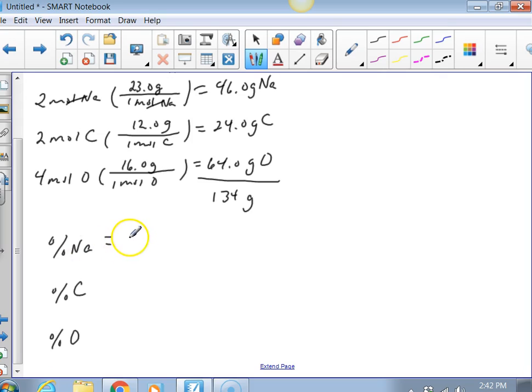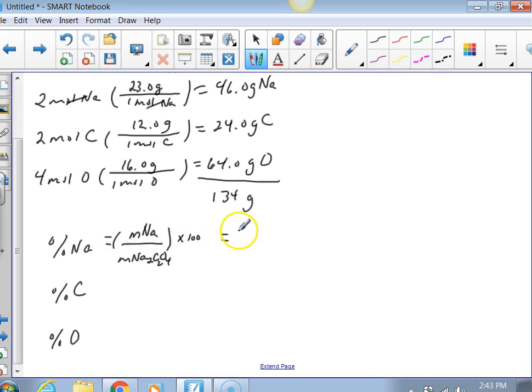To get the percentage, we're going to take the mass of the part we're interested in, which would be the mass of sodium, divided by the mass of the whole compound, Na2C2O4, excuse me, I'm doing oxalate, not carbonate, and then multiply that quotient times 100.